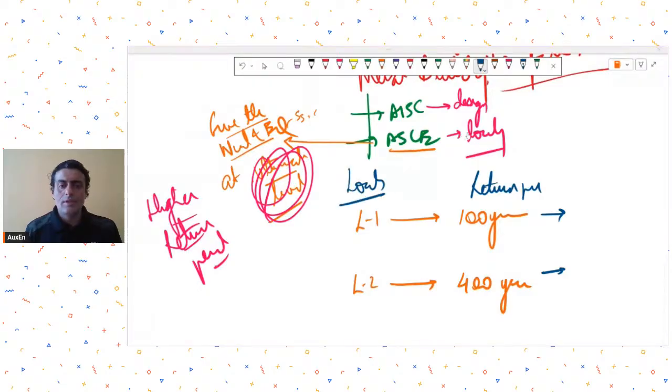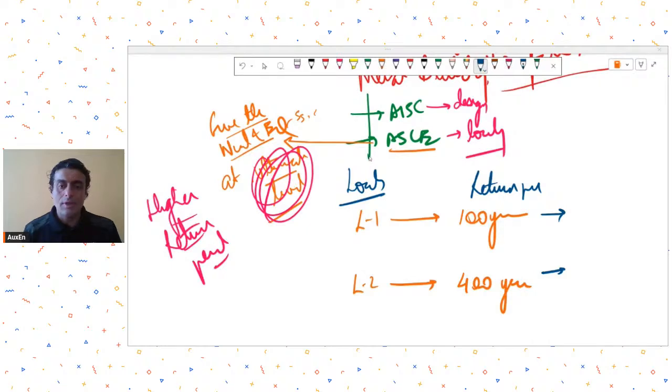So if a load is given for a return period of 100 years, and a load 2 is given for a return period of 400 years, magnitude wise, which will have a higher magnitude? So naturally, the one which has a higher return period, that means it is less probable to occur.